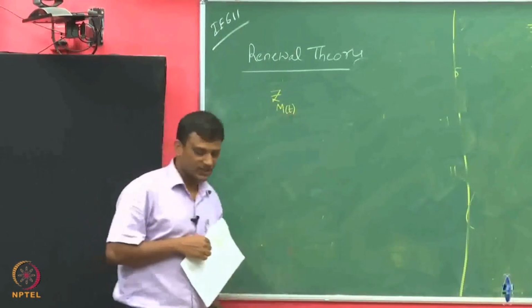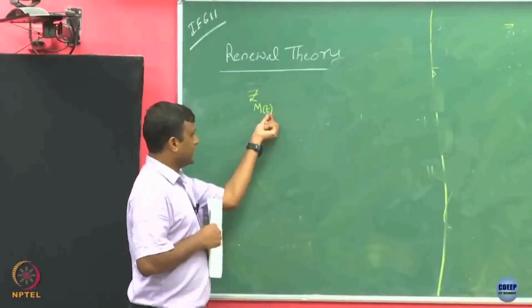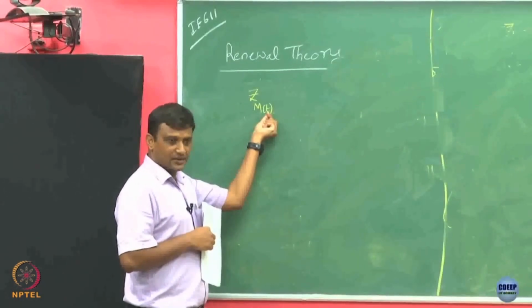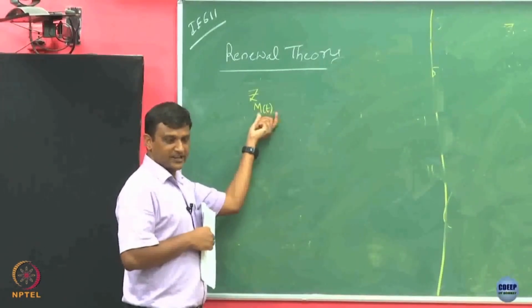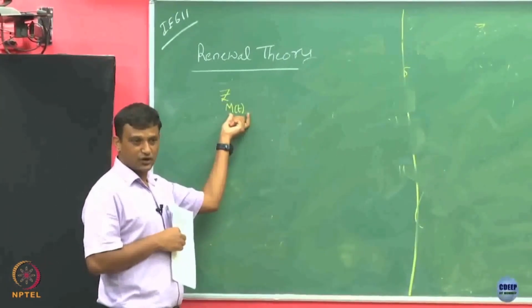Okay. So given a t, you know that M(t) is going to denote the number of renewals that have happened in the interval (0, t).